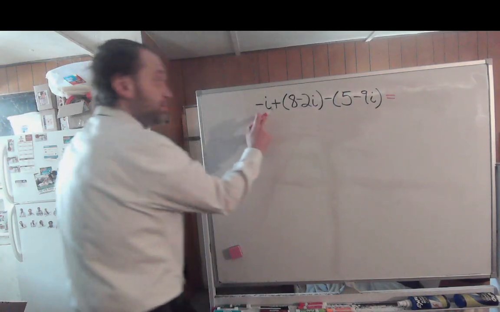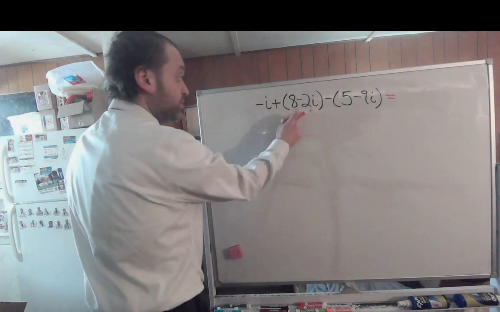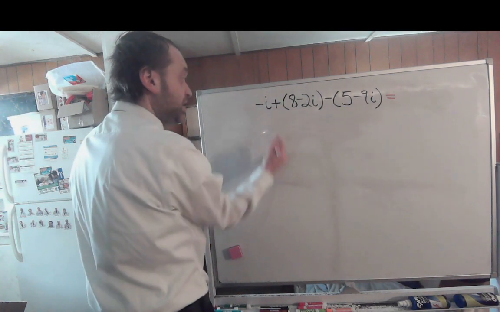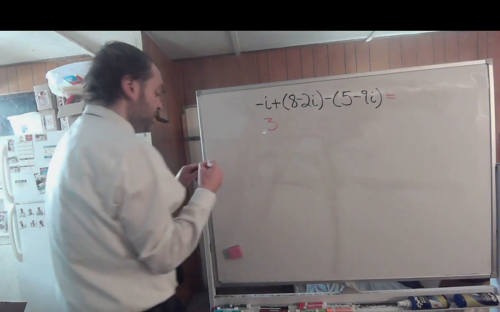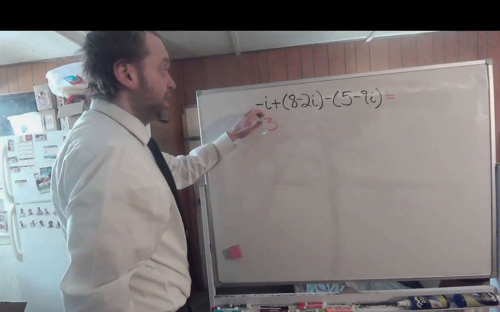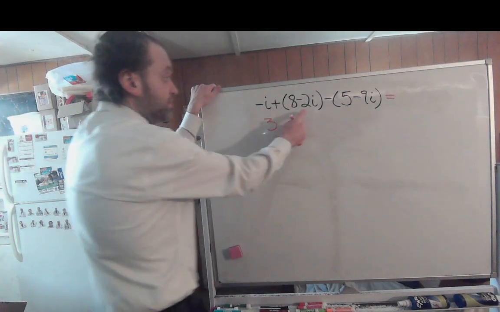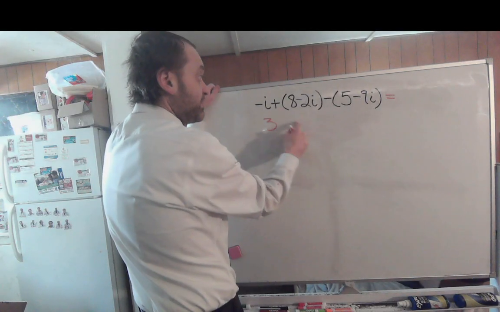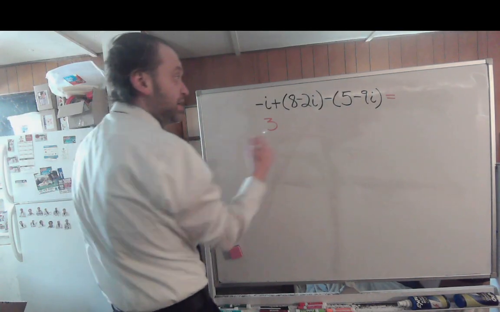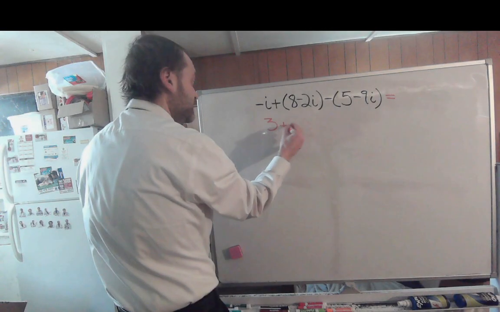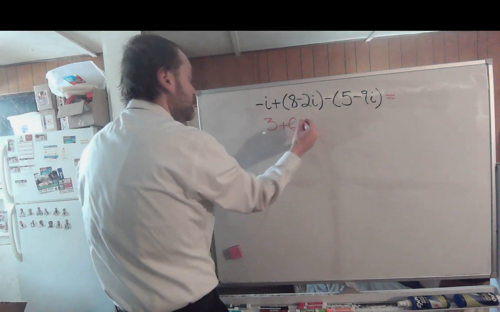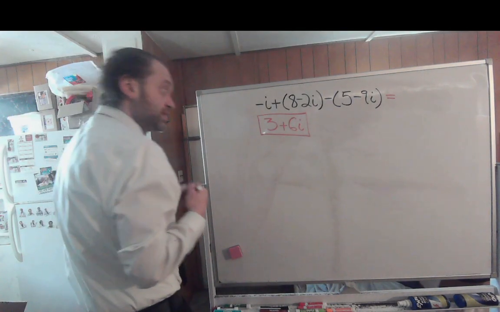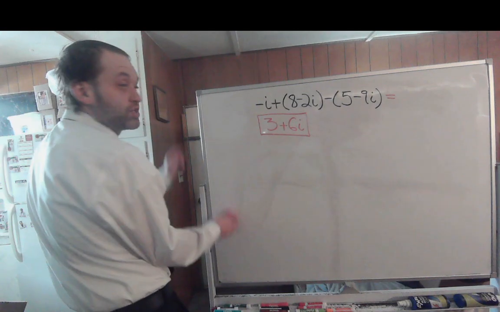Even though i comes first, only consider your real numbers. Collect your like terms. So you have positive 8 minus 5, that would give you 3. Now you have negative i minus 2i is negative 3i. Minus negative 9i turns into negative 3i plus 9i. That would give you plus 6i. So the complex number you should get would end up being 3 plus 6i when you collect your like terms.